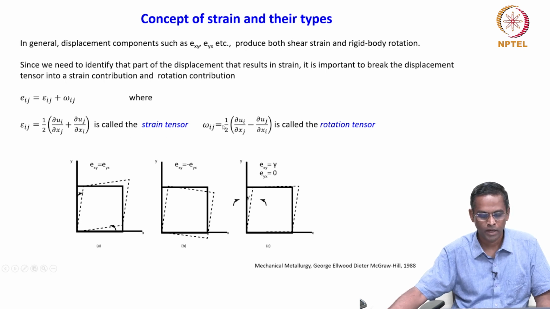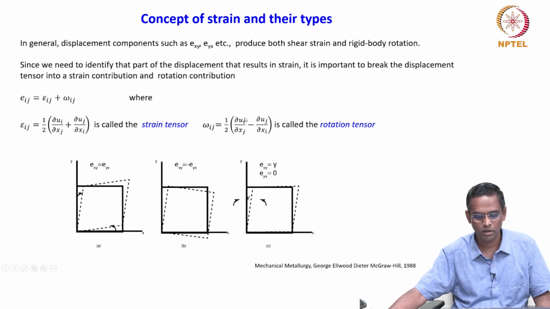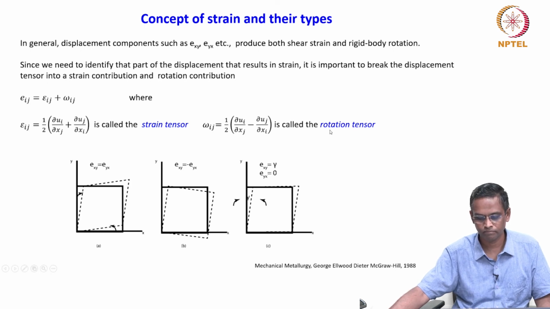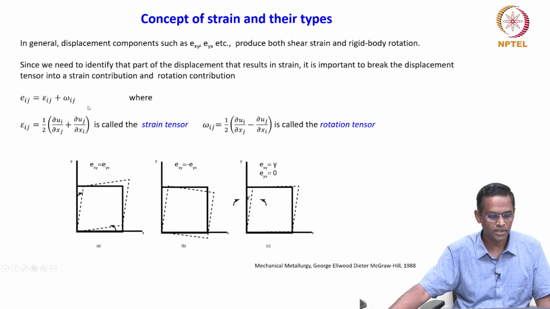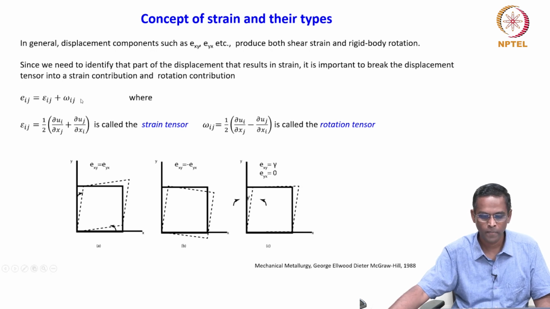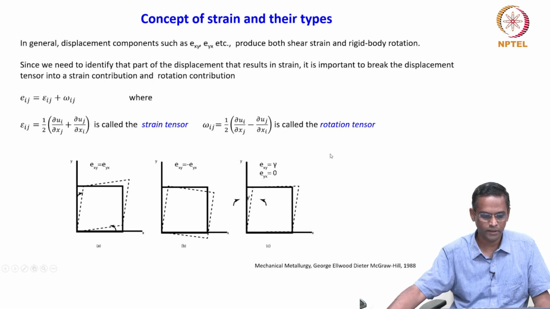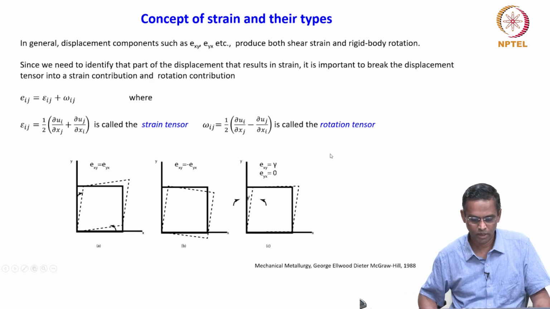Okay, and omega ij is equal to half into dou ui by dou xj minus dou uj by dou xi, called the rotation tensor. So this Eij can be decomposed into these strain contribution and rotation contribution. Okay, so this is very important.